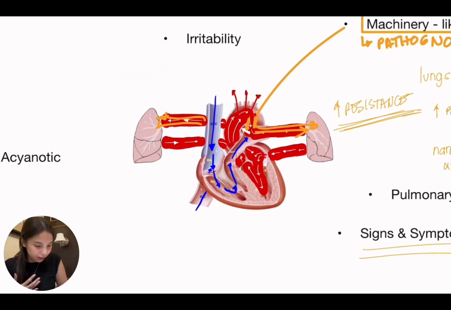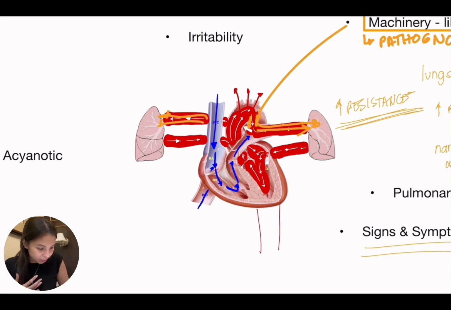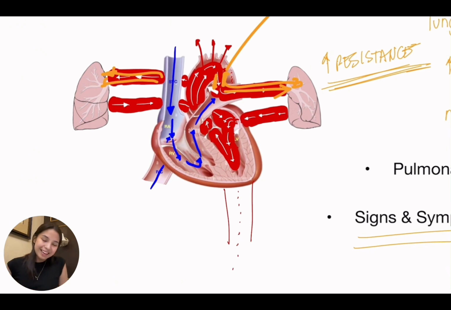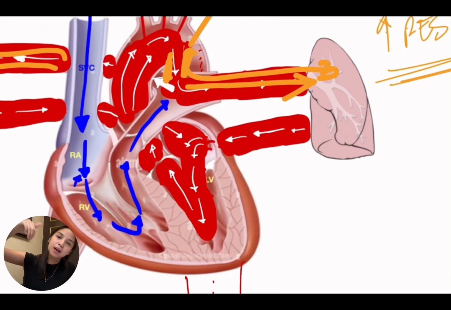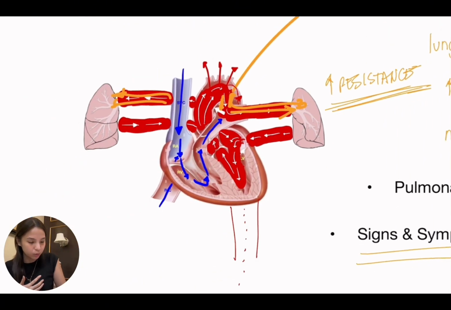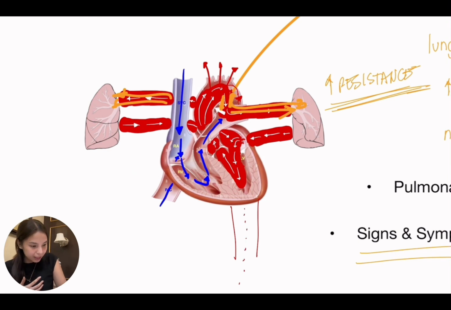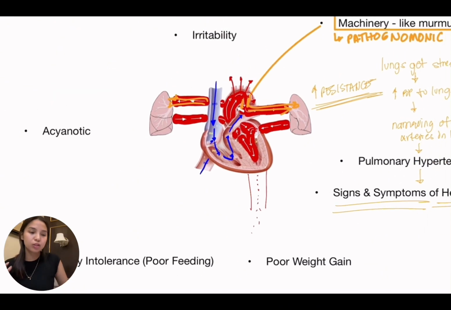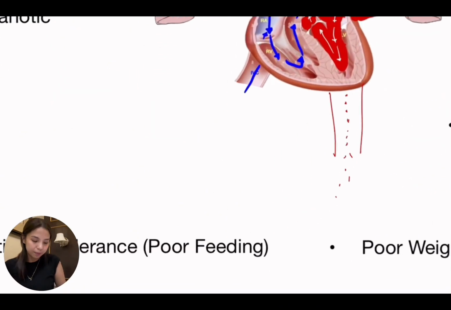But over here, not a lot of blood gets past that ductus arteriosus. Here, the blood is supposed to go this way, and then here. But that does not happen with a patent ductus arteriosus. Only very little blood is distributed to the rest of the body.